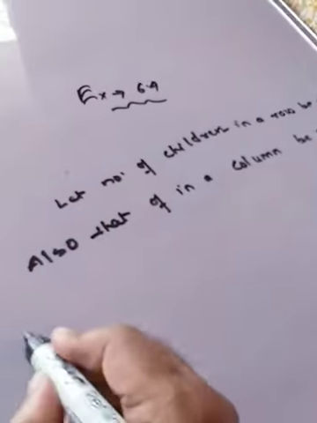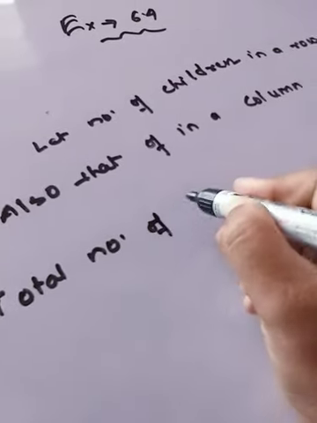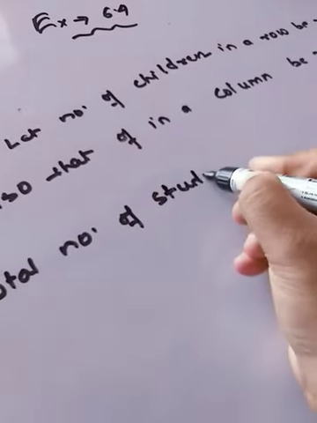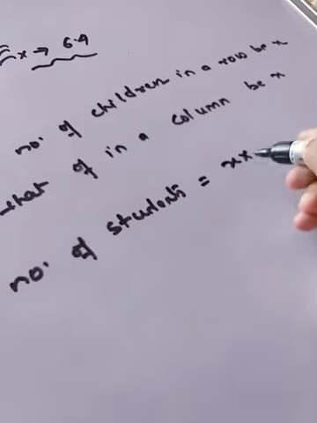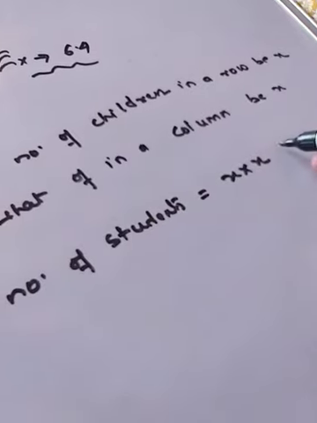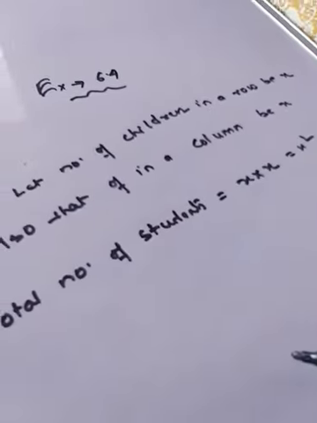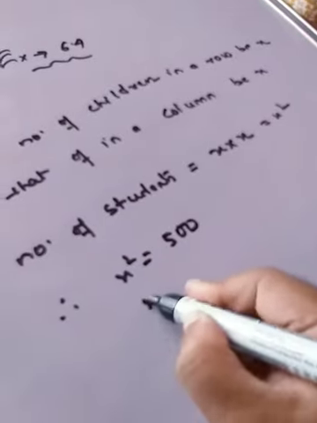So the total number of students equals what? Number of rows into number of columns, that is x square. Therefore x square should be equal to 500.